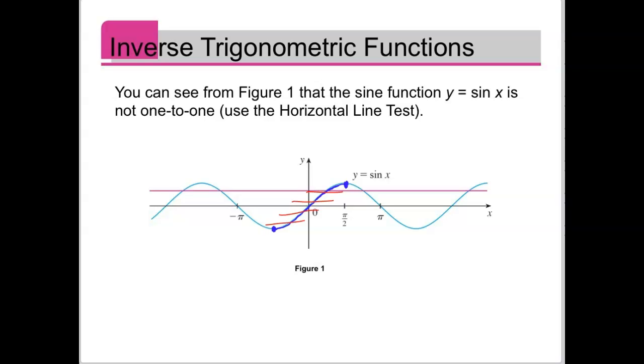So if I choose to look at sine only on the domain from here to here, which is negative pi over 2 to pi over 2, then sine does pass the horizontal line test. It is one-to-one, and then it will make sense to talk about the inverse function of sine. Sine should have an inverse in that case, if that makes sense.